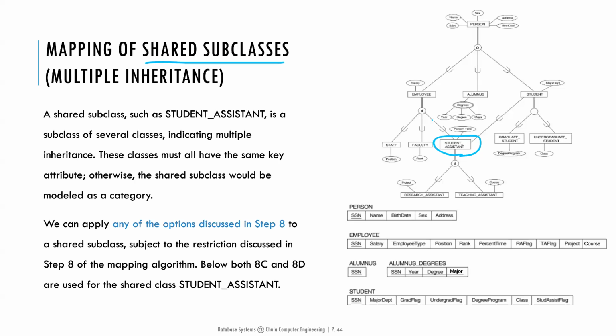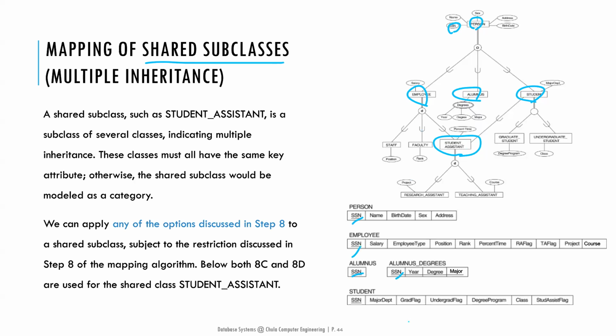So from 8A, it means that you take all of the entities and convert them into relations such that you get the person, employee, alumnus, student, right? And then you take all of their attributes along with their key. Because SSN is from the superclass, you have to assign SSN into every class there.